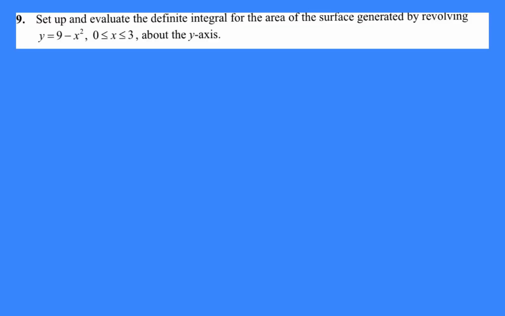Next problem says, set up and evaluate the definite integral of the area of the surface generated by revolving y equals 9 minus x squared between 0 and 3 about the y-axis. If I revolve the graph 9 minus x squared, when x is 3 it is 0, when x is 0 it is 9, and it is a part of a parabola, and it will look like this.